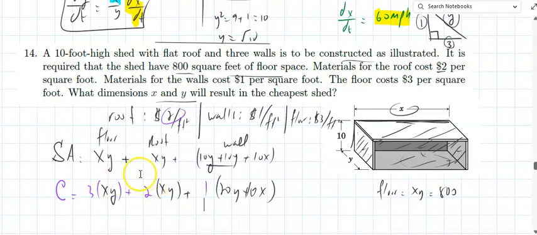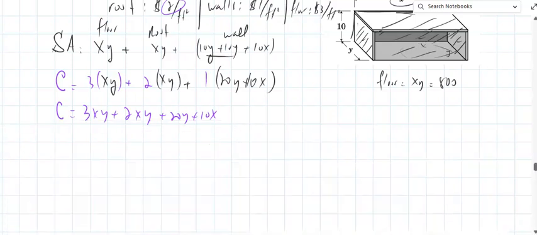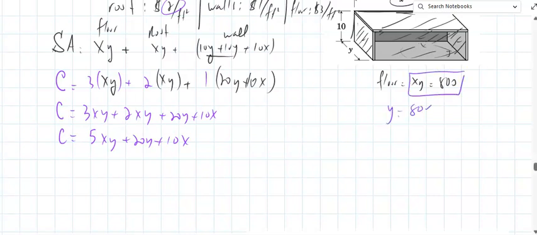So the cost function is 3xy plus 2xy plus 20y plus 10x. Or I could simply say the cost function is 5xy plus 20y plus 10x. Now, I know that xy equals 800, so y equals 800 over x, or 800x to the negative 1.